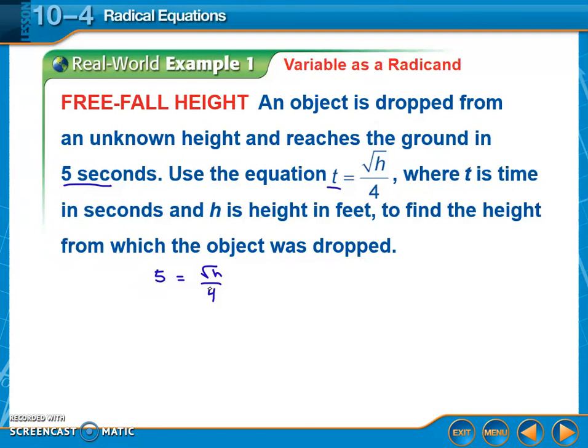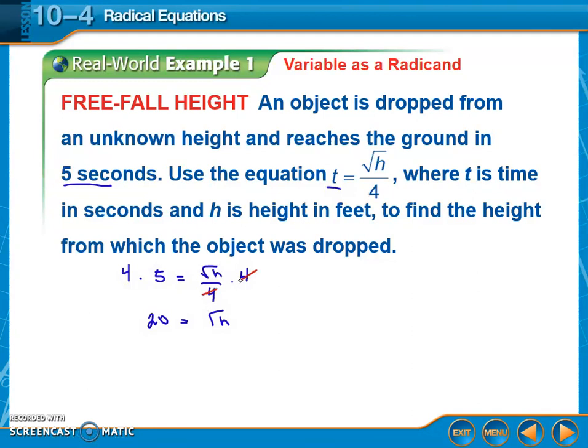When I'm solving these, the first thing I want to do is get the square root by itself. I'm dividing the square root of h by 4, so the opposite is to multiply both sides of my equation by 4. I get 20 equals the square root of h, because those 4's cancel each other out.